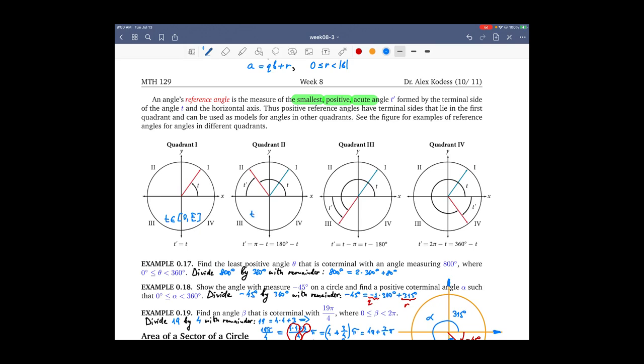When t is between pi over 2 and pi, let's make here the strict inequality. When t is between pi over 2 and pi, so it's in the second quadrant, its reference angle is this one.